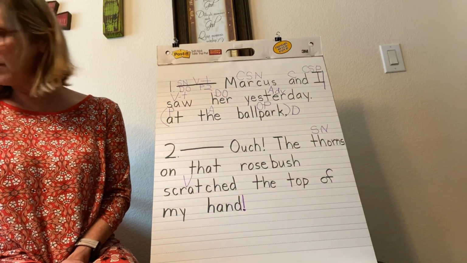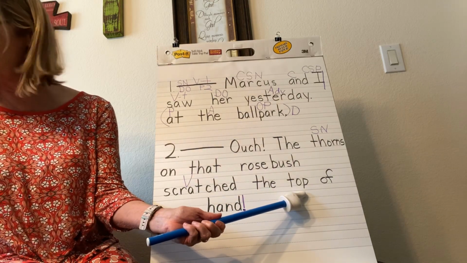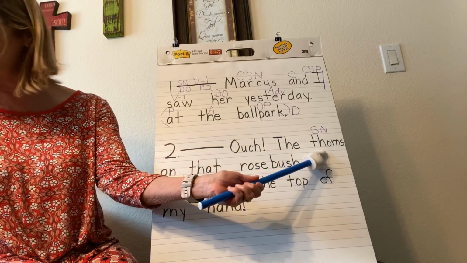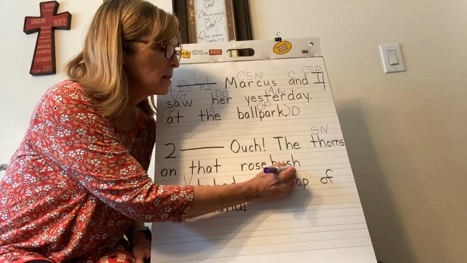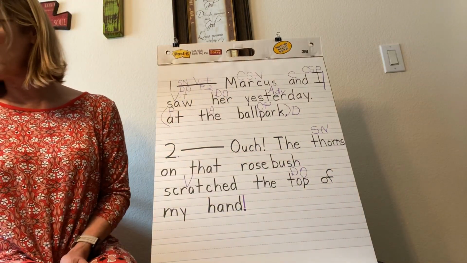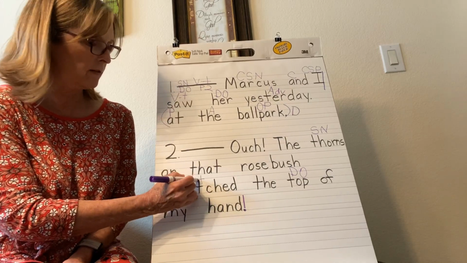Scratched what? Top. So it comes over here. Verify the noun. Does top mean the same thing as thorns? No. Top, direct object. Scratched, verb, transitive.